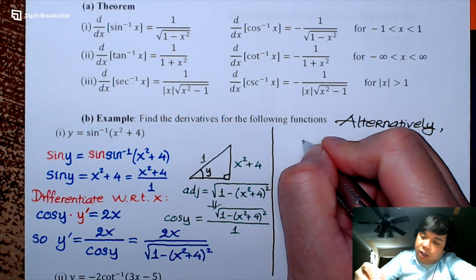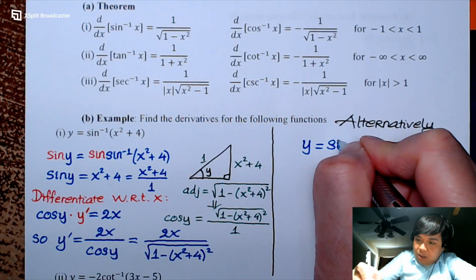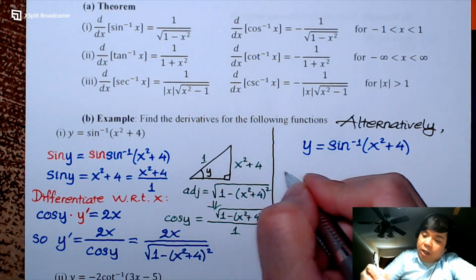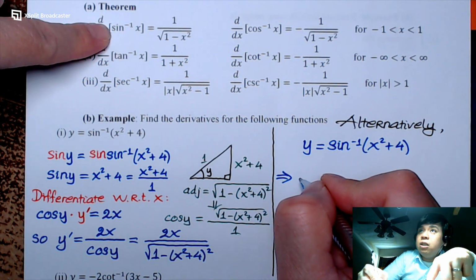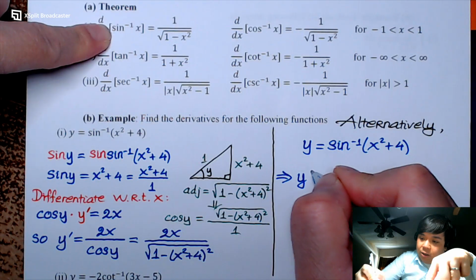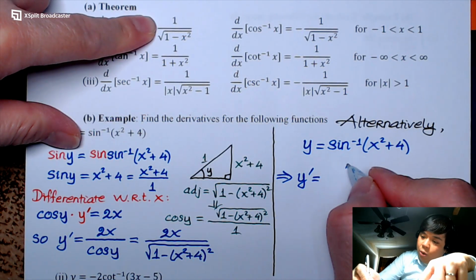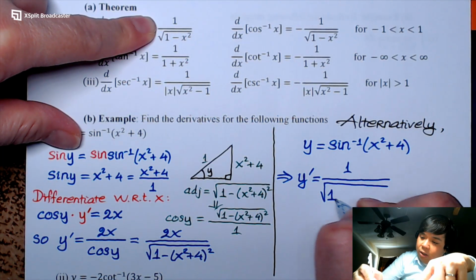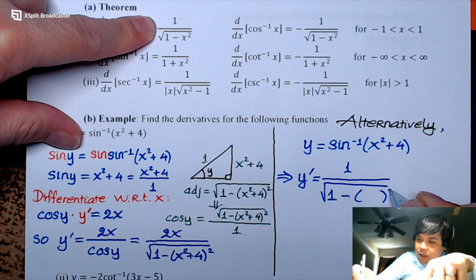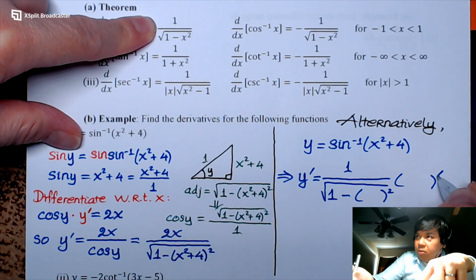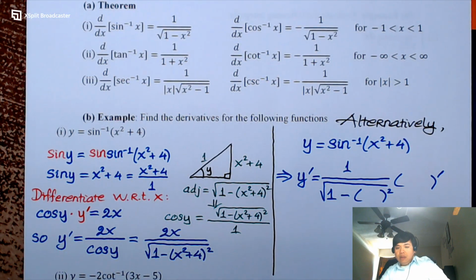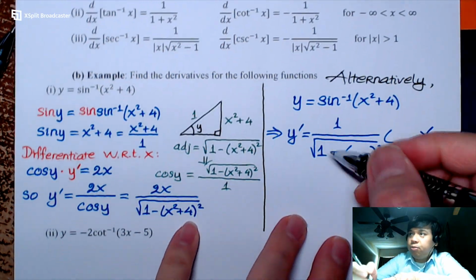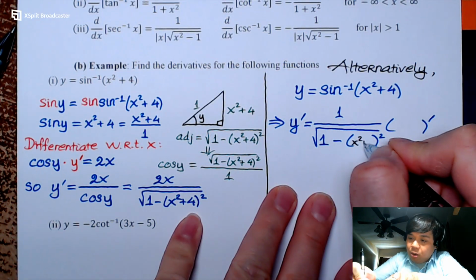y equal to sine inverse of x squared plus 4. Now the derivative according to that is going to be 1 over the square root of 1 minus the parentheses squared, times the derivative of the parentheses. So that is the chain rule. The derivative of that, and then the derivative of the variable x squared plus 4.